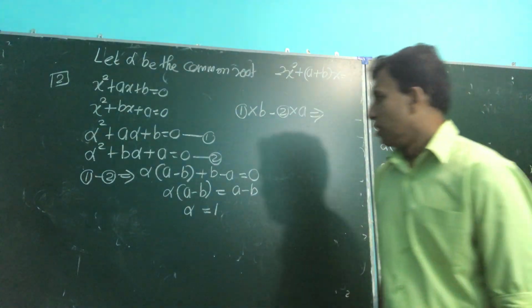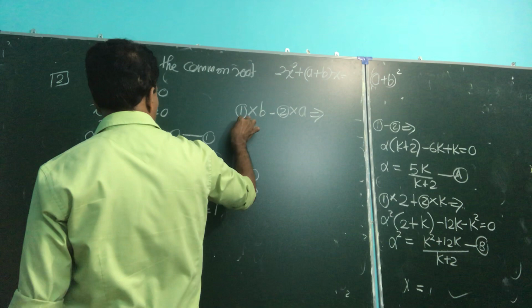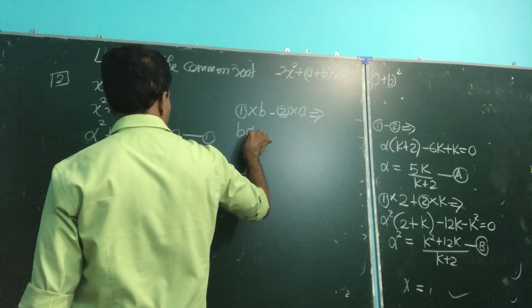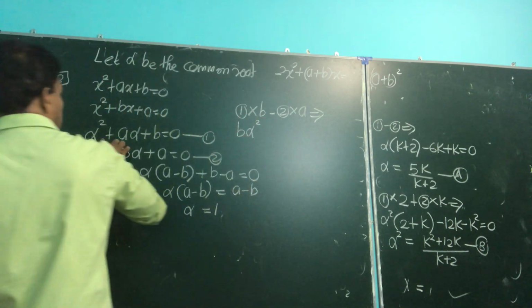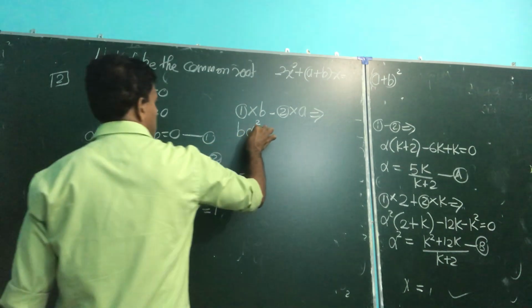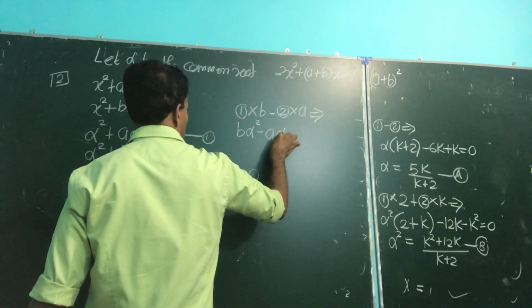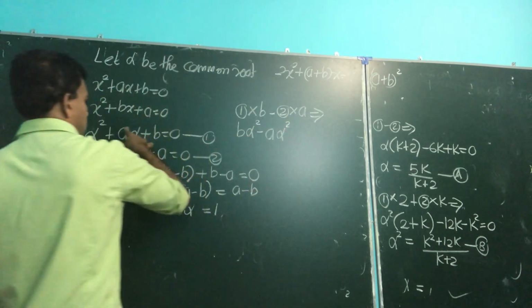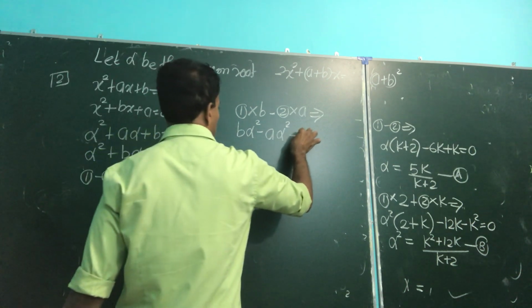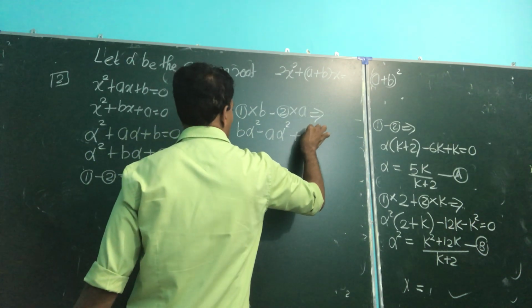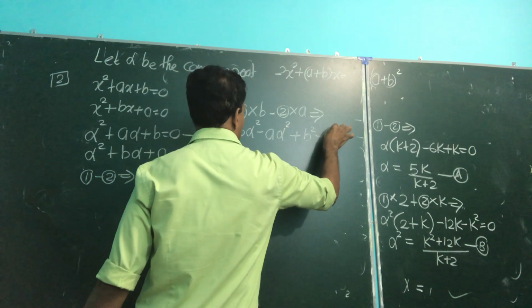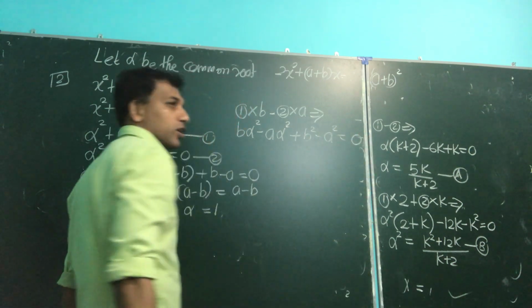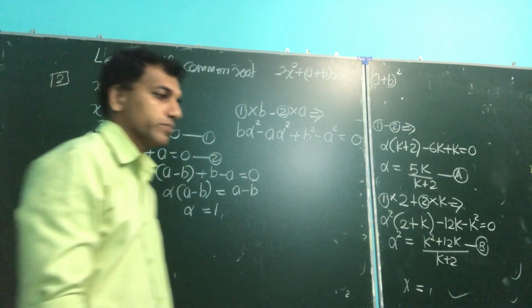So what is that? First equation b alpha square minus a alpha square, yeah, the alpha terms cancel, no? Plus b square minus a square equal to 0.